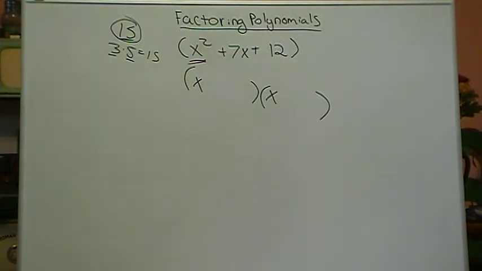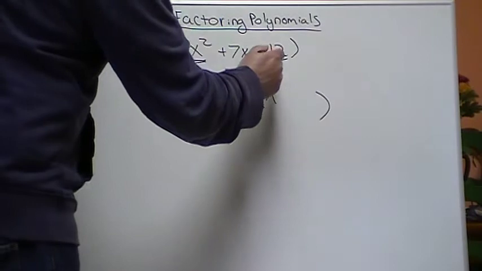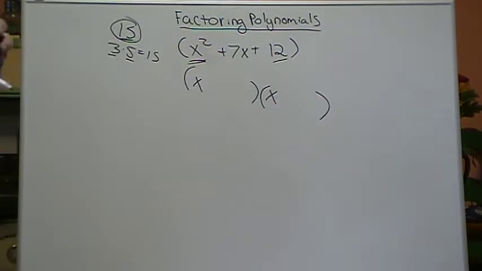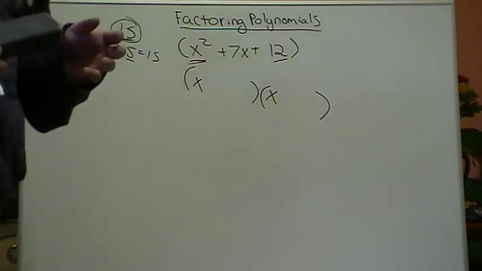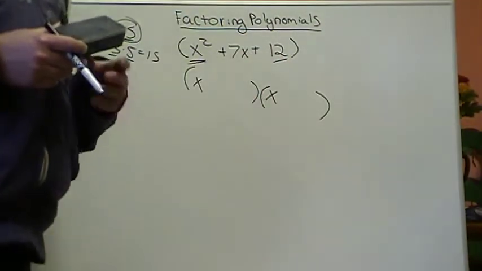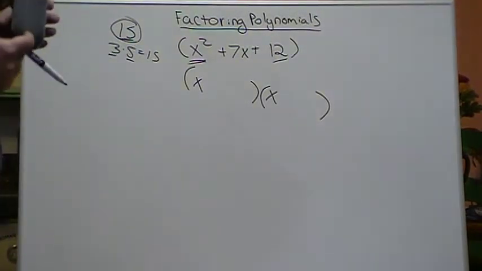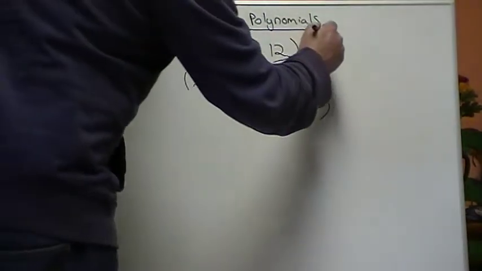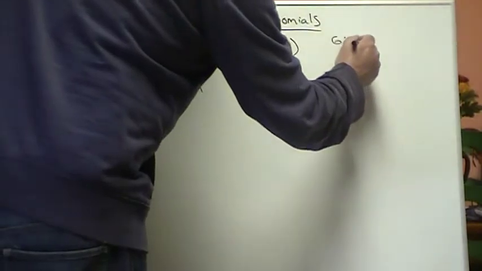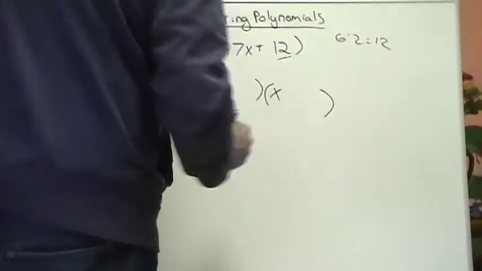Okay. Now what we want to do is look at the last term of our polynomial. And it's 12. And again, we're going to ask ourselves, what numbers, when multiplied together, give us a 12? Well, here we have several options. We have 6 times 2 equals 12.